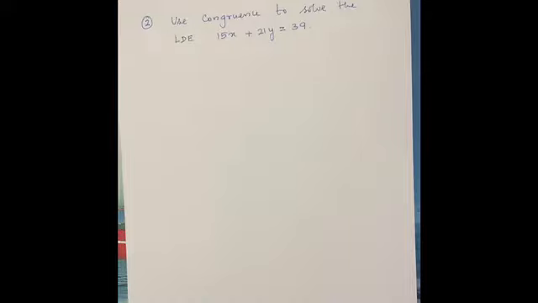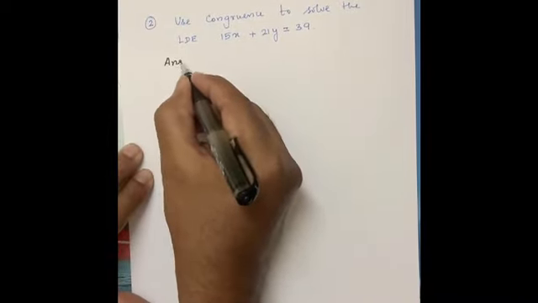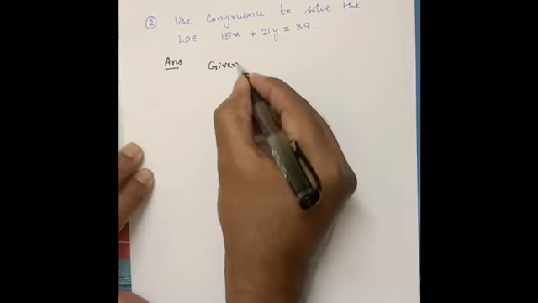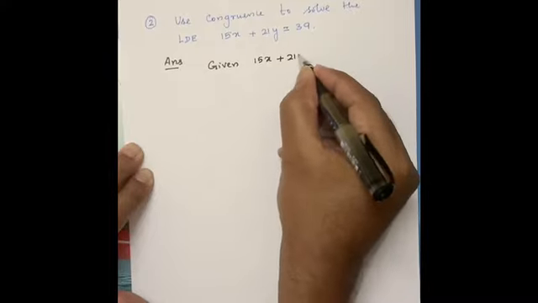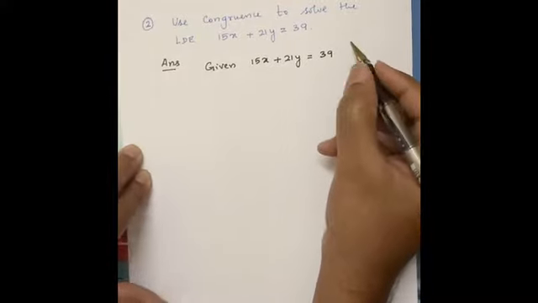Now we are using this congruence idea to solve the LDE. What is the given LDE? First I am writing this: 15x plus 21y equal to 39.